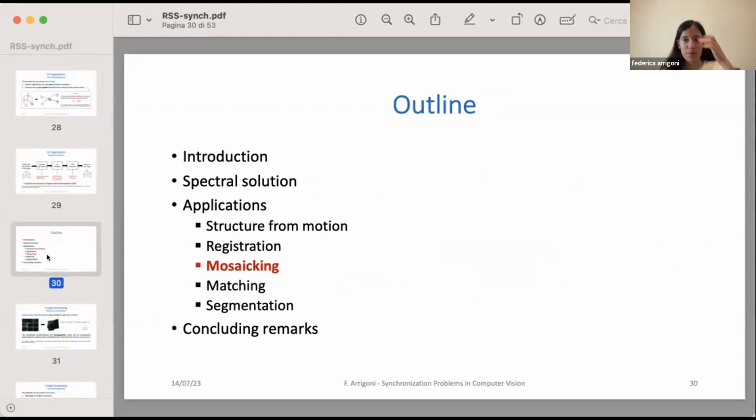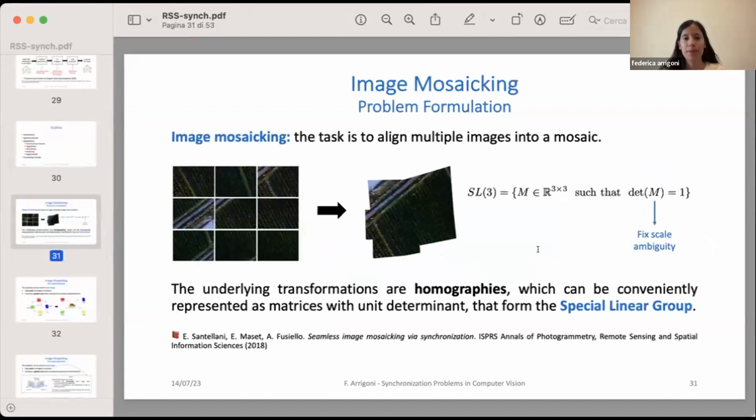Another relevant problem where we can use this framework is image mosaicing. As shown in the figure, the task of image mosaicing is to align multiple images into a mosaic. Here we can represent the problem using homographies, which are 3 times 3 matrices defined up to scale.